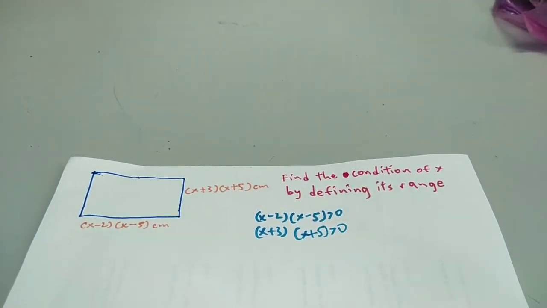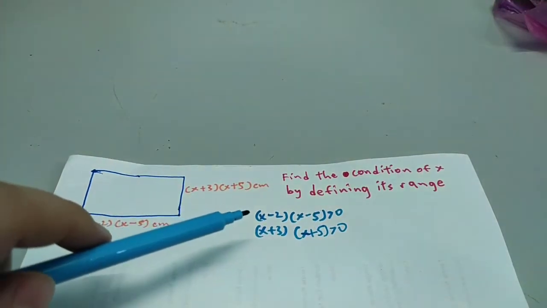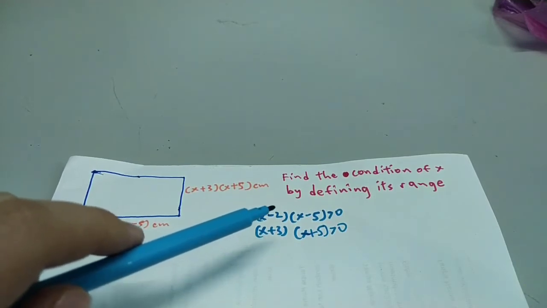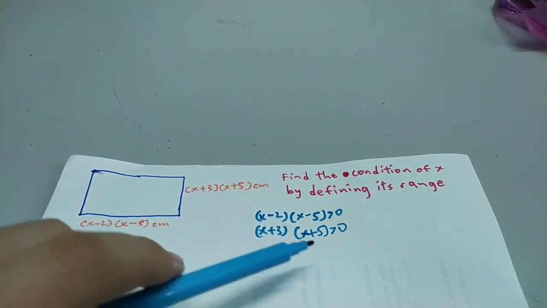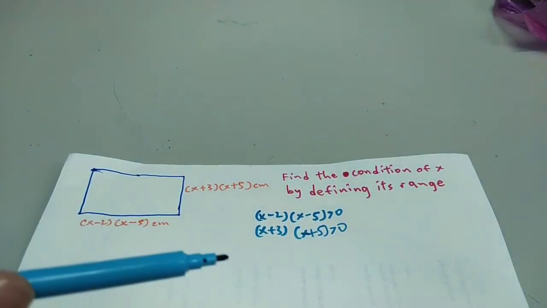So our condition on x is to solve the system of quadratic inequalities: (x − 2)(x − 5) is bigger than 0, and (x + 3)(x + 5) is bigger than 0.